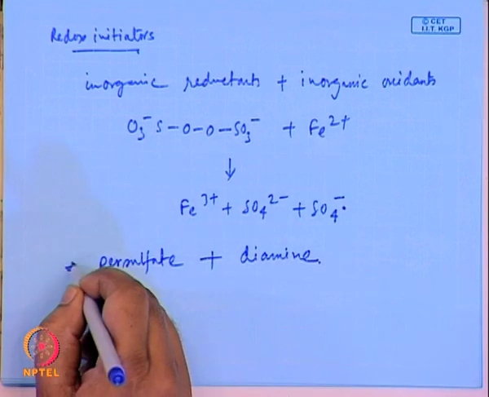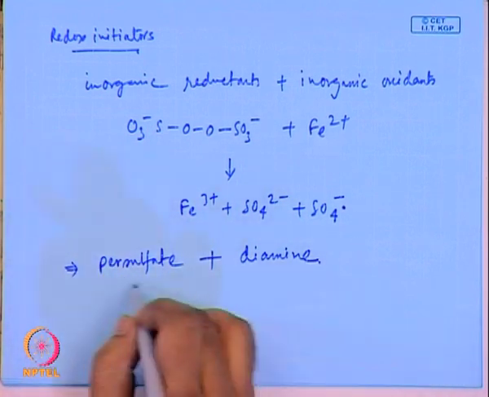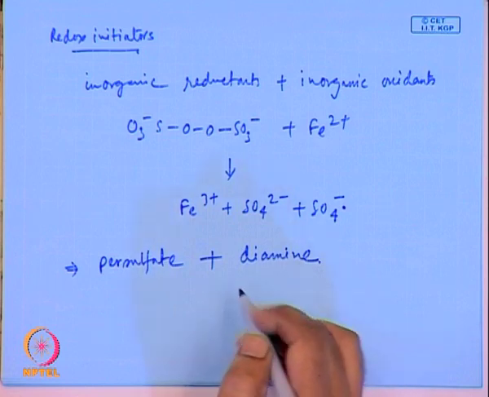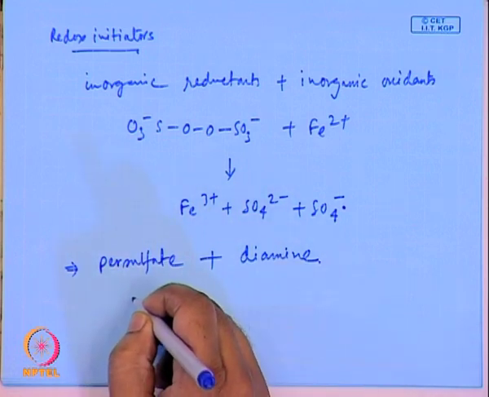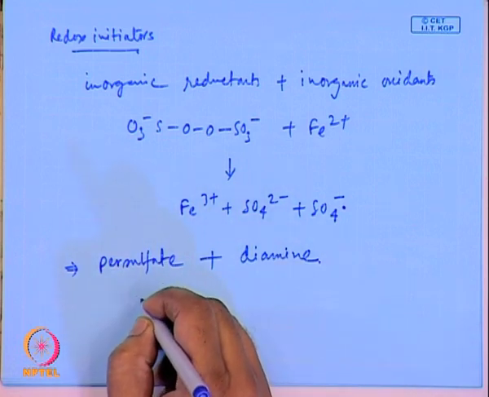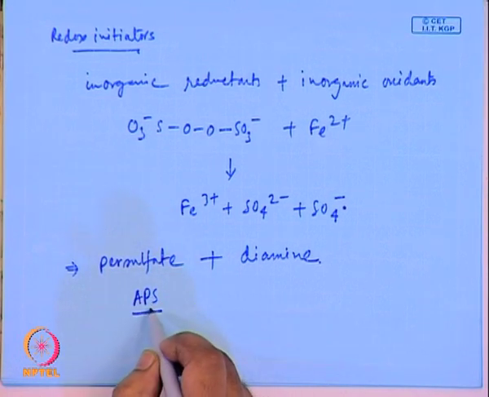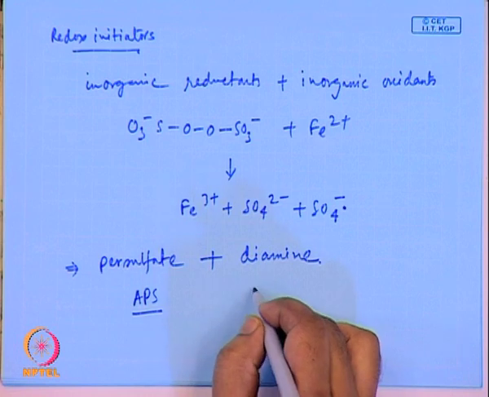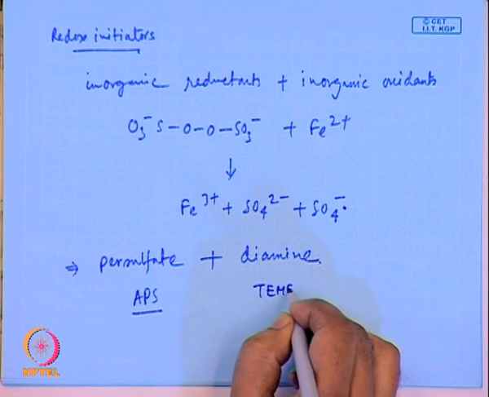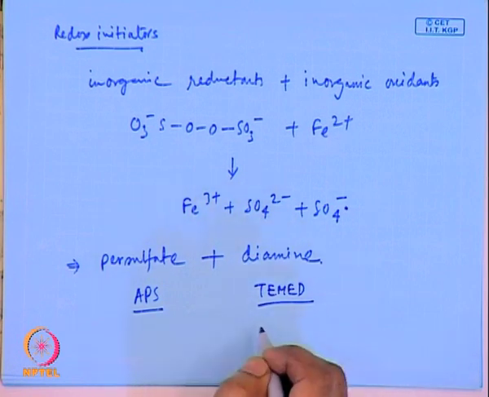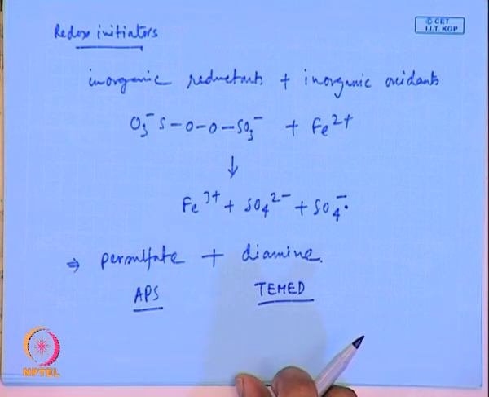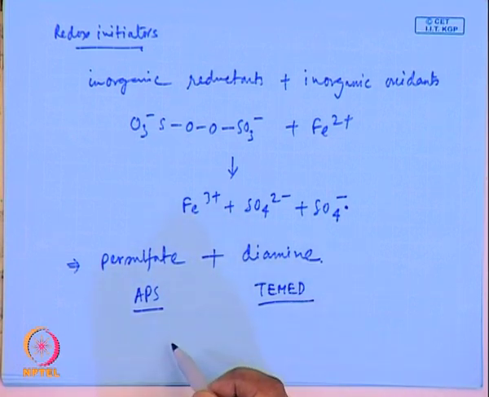A very popular use of this combination is for making polyacrylamide gels, which is a combination of ammonium persulfate, APS, and TEMED. This reaction is very common and done in biochemical laboratories for making polyacrylamide gel for polyacrylamide gel electrophoresis.